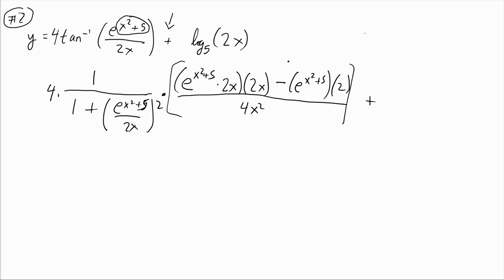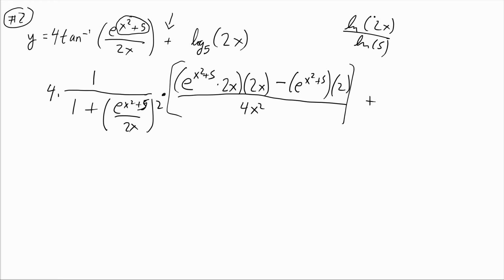Okay, so right here, the derivative of this. Oh, how do you take the derivative of log base 5 of 2x? If you don't really know how to do that, you can think of a change of base. The log base 5 is the same thing as the natural log of the top divided by the natural log of 5.